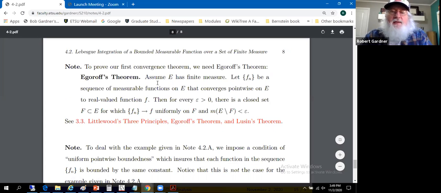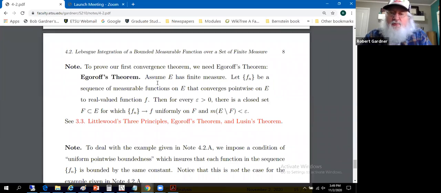Egorov's theorem said, and I'll repeat this because we'll need it in the proof of our convergence theorem: assume E has finite measure, let f sub n be a sequence of measurable functions on E that converges pointwise on E to a real valued function f. So we've got pointwise convergence of the sequence. The claim is, for every epsilon greater than 0, there's a closed set F, a subset of E, on which we have uniform convergence, and the measure of the difference can be made less than epsilon.